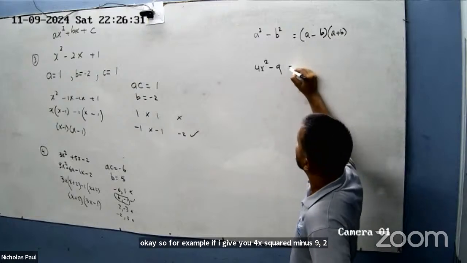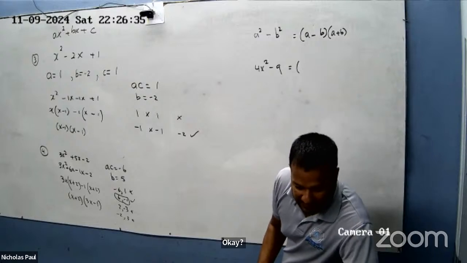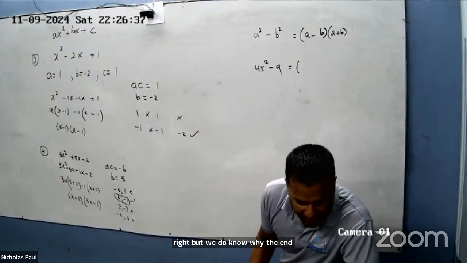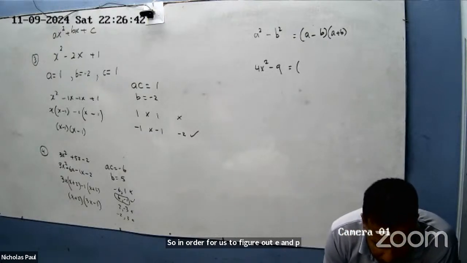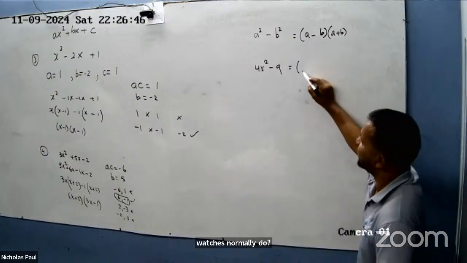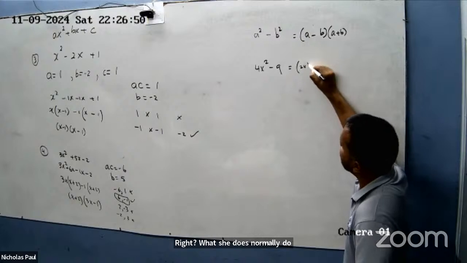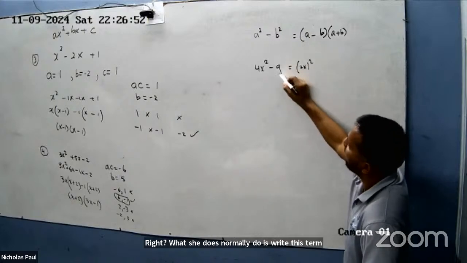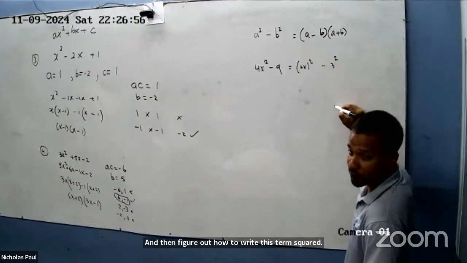But we don't know what A and B are as yet. So in order for us to figure out A and B, what you normally do is write this term squared, which is 2x squared, and then figure out how to write this term squared. That's simply 3 squared.